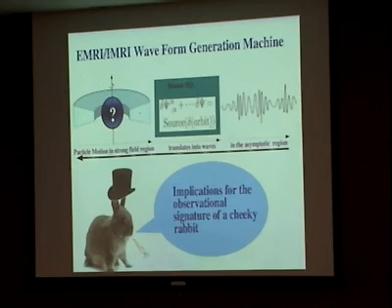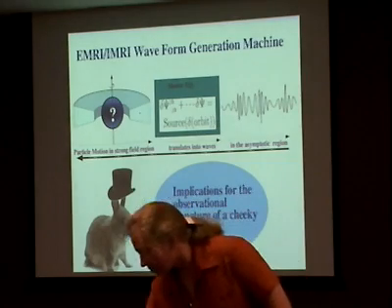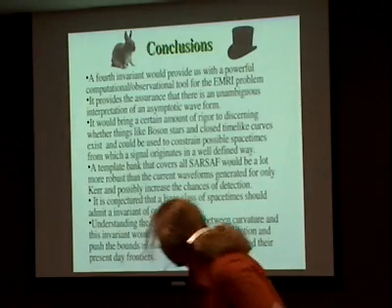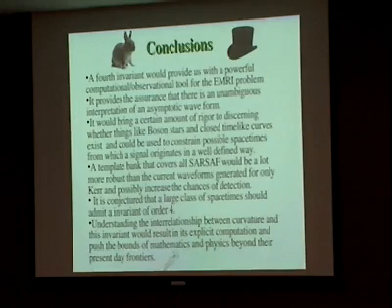Okay, so I guess the conclusions basically are, if you have a fourth order invariant, you have a reasonably powerful observational tool for the EMRI problem. It provides in some way an unambiguous interpretation of your asymptotic waveform. It could bring a certain amount of rigor to your discerning of what spacetimes you actually have.